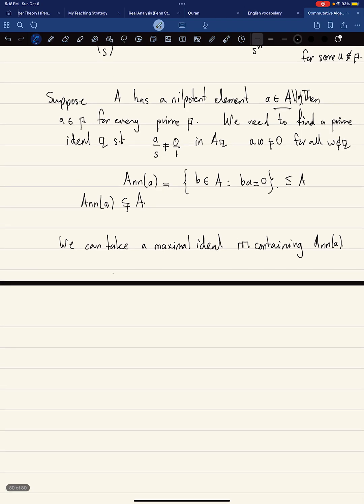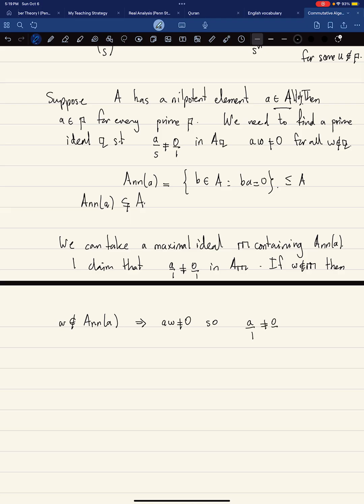And now I claim that A over 1 is not 0 in AM, because if W does not belong to M, then W does not belong to the annihilator of A, which means AW is not 0. So A over 1 is not 0.